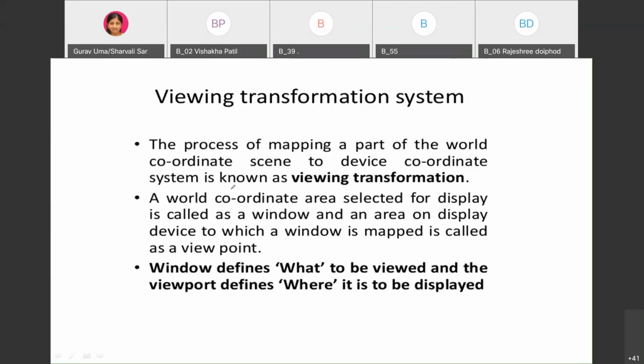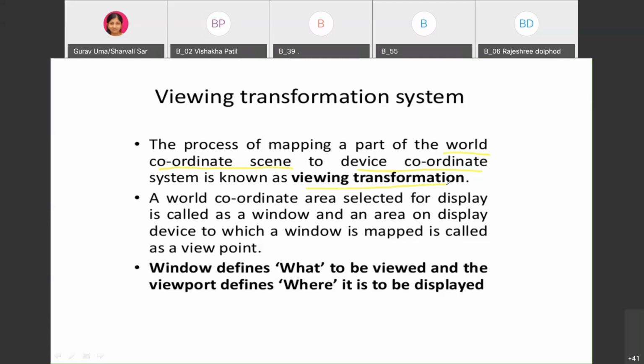World coordinate means it is a real life object. So the viewing transformation is a mapping of world coordinate system to device coordinate. Device coordinate means our display screen, which we call a viewport. So from window to viewport is called viewing transformation.